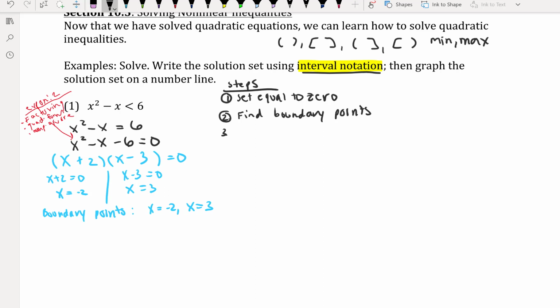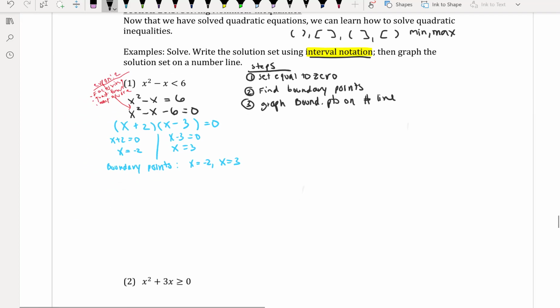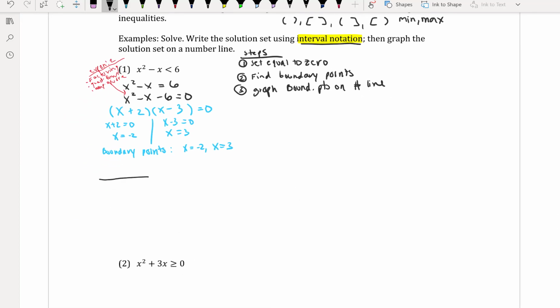So the next thing we want to do is graph our boundary points on the number line. So for this step, I'm going to draw my number line. And I have a negative 2 as well as a positive 3.